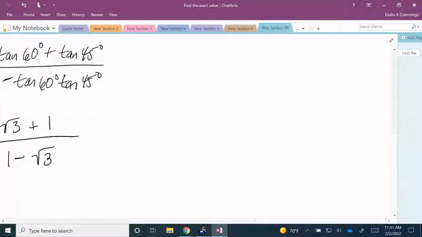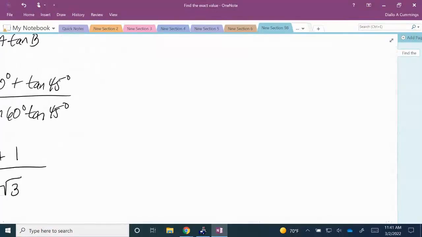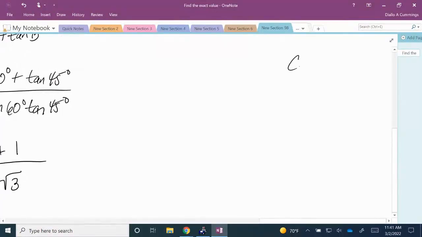Just to review that, a conjugate pair: here we have the term, and over here we have the conjugate pair.